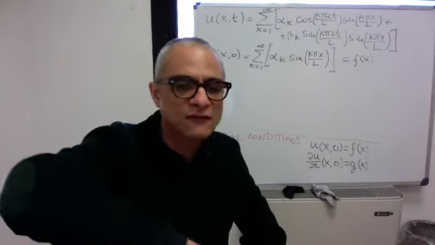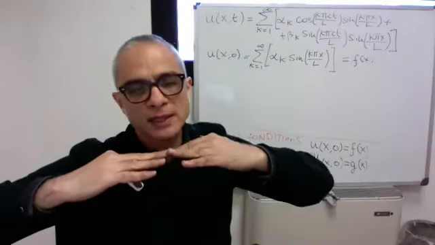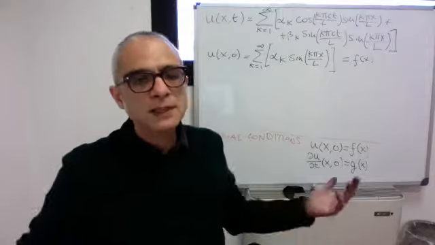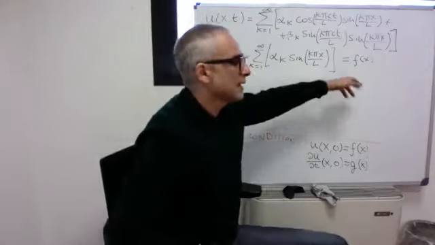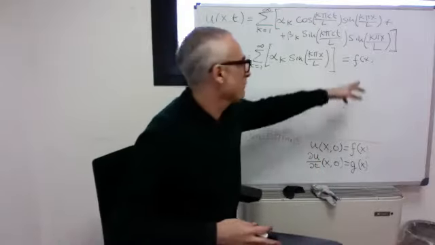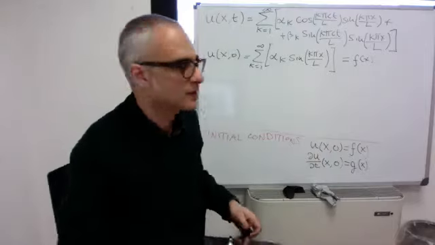Like I said, if all I'm doing is taking a point of the string and pulling it, it will be a triangle. But for now, let me stay general, and let's find a formula that's valid for any function f of x.